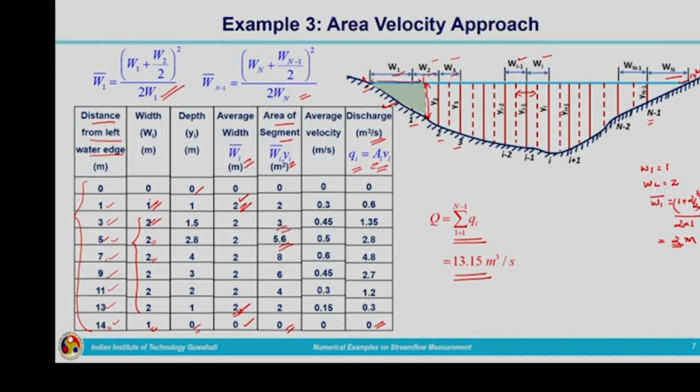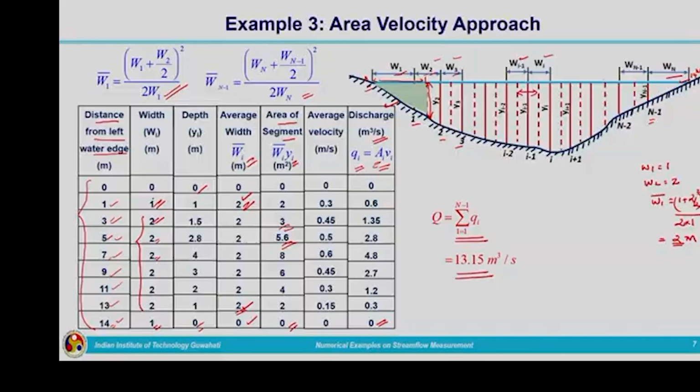Based on that, the divisions have been made for the cross section. So, the average width corresponding to each segment is computed. Then we will be computing the corresponding areas. We will get the discharge through each small strip. Finally, we will add all these discharges to get the total discharge from the stream.